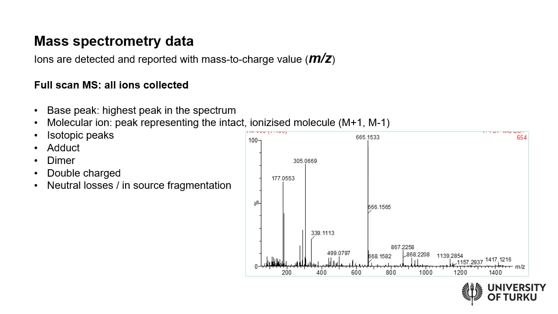So for example, in this case, the base peak of this spectrum is this 665. Whereas molecular ion is the peak that represents the intact molecule, so that you have the compound in its complete form, and the only modification is the ionization, so that it has either a proton added or removed.